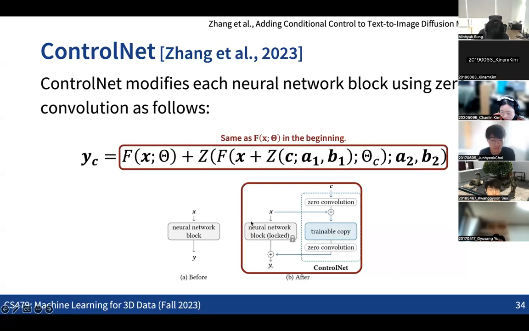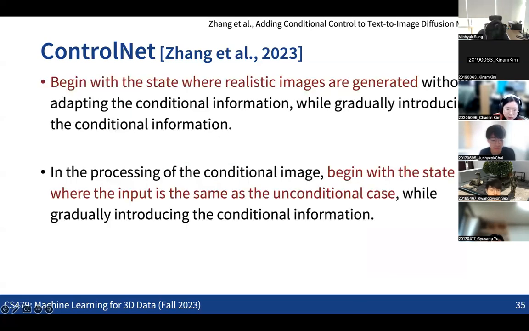Then we gradually adapt the whole architecture so that we can also process the conditional information while combining it with the original input using the same architecture, so that it can be easily adapted from the unconditional case. So this is the architecture choice for how we can make incremental changes from the unconditional case to the conditional case without breaking the whole network architecture.